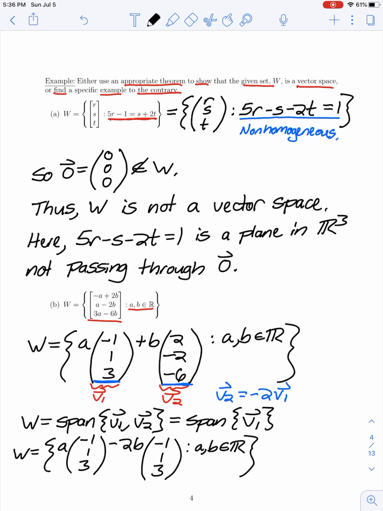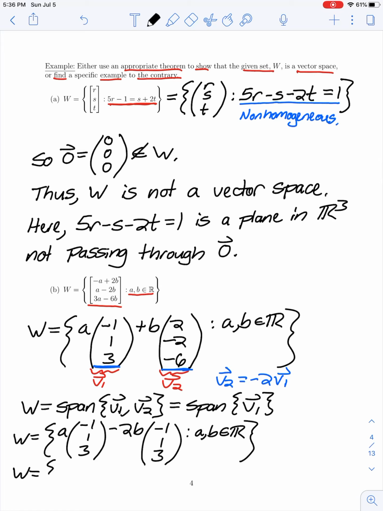But now I could combine this as follows: A minus 2B times a single vector (-1, 1, 3), such that A and B are real numbers.